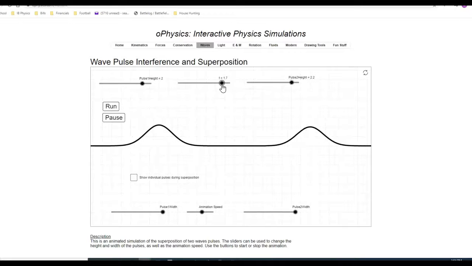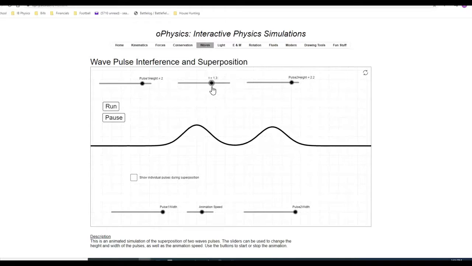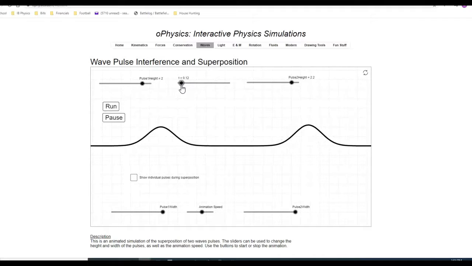As they go towards each other, remember, you only get superposition when they occupy the same space. The two waves form up and combine, and then afterwards they keep on passing through each other. Superposition is the principle whereby when waves occupy the same space, you add the displacements of the waves together.